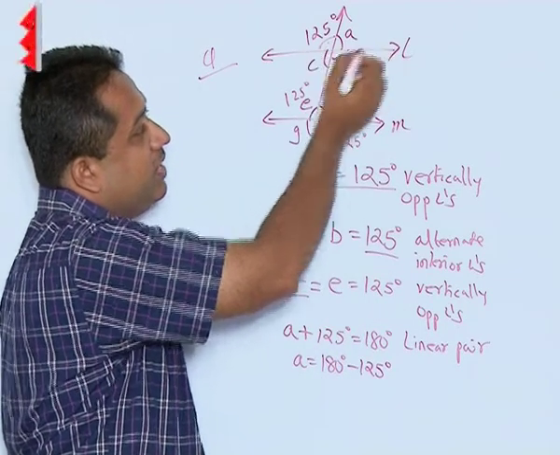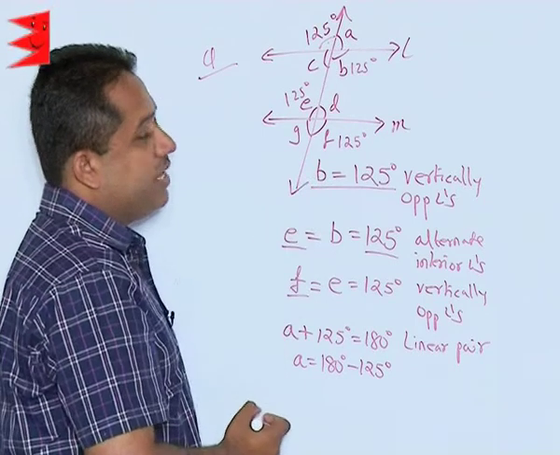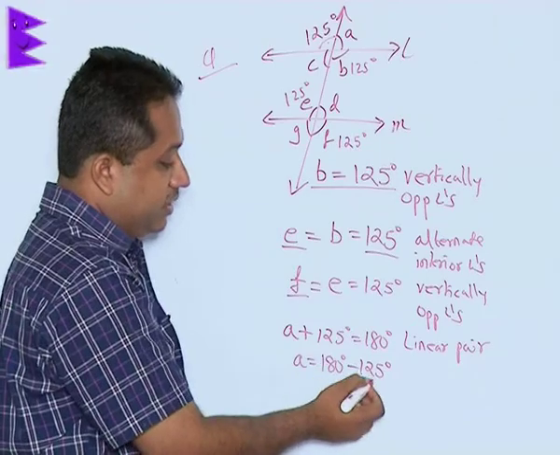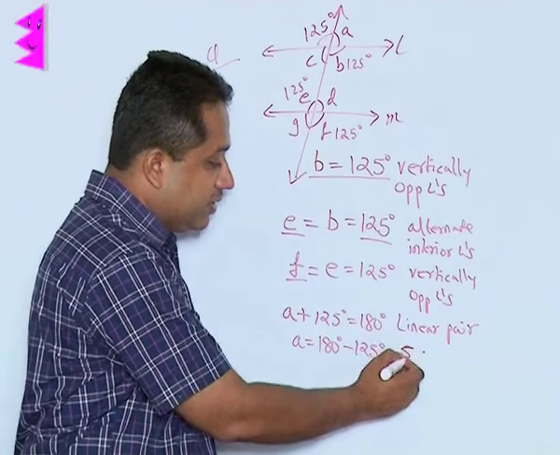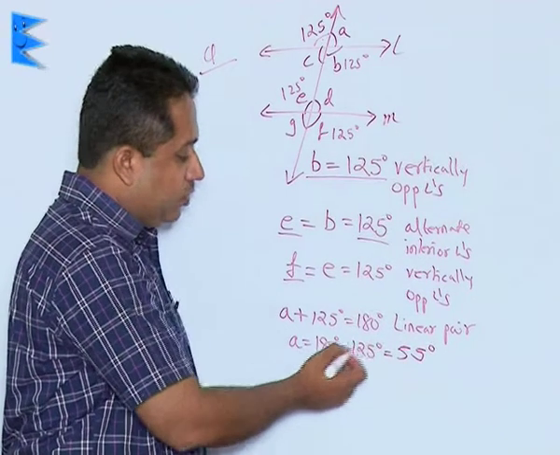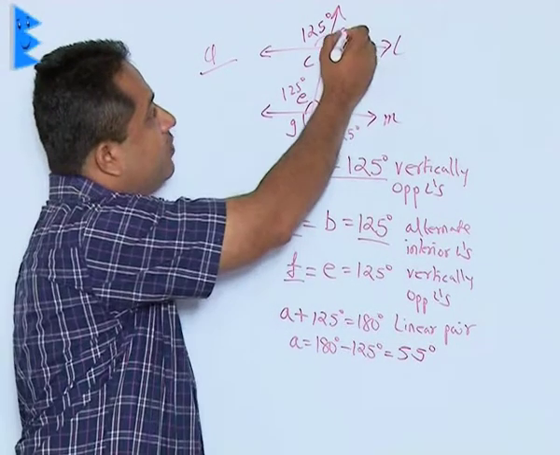And we know that linear pair means two angles which lie on a straight line add up to 180. So, here when we subtract this, we are going to get 55. So, once we get the value of A, A is 55.